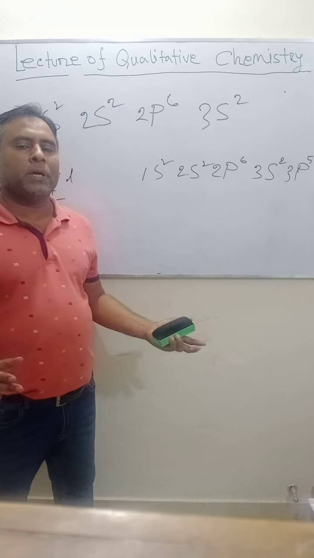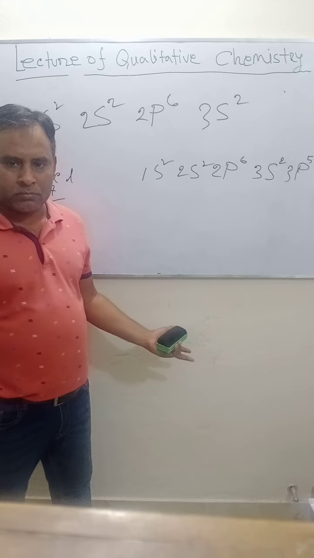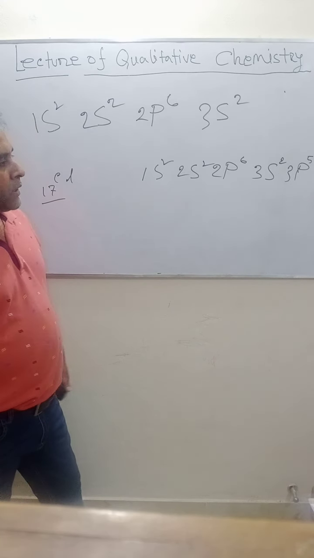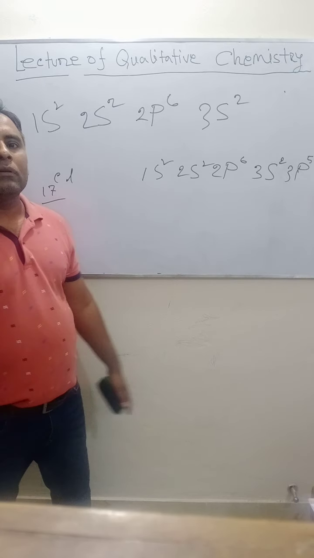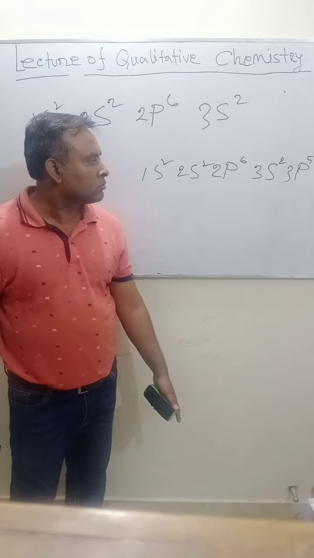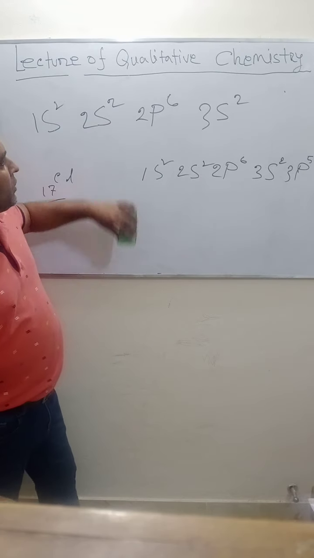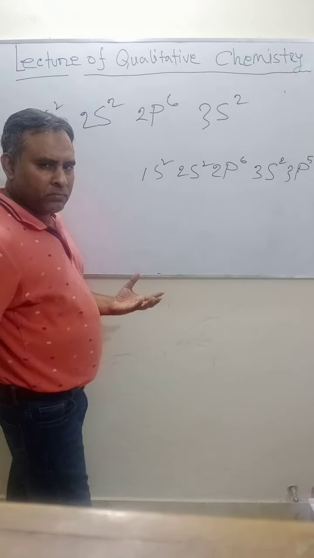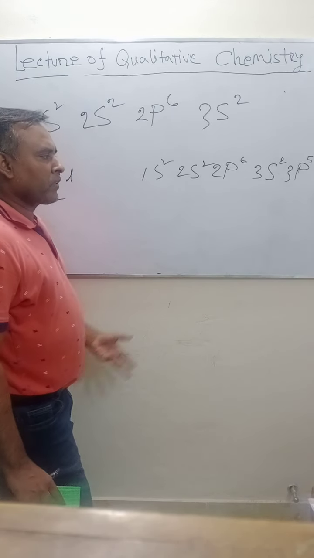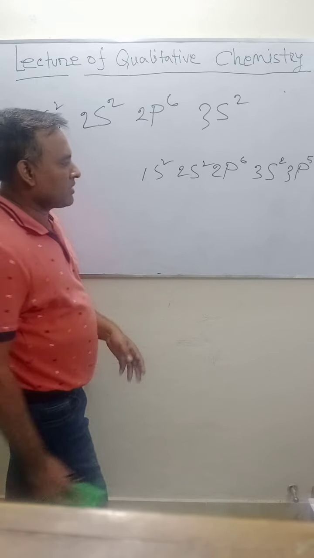For very large atoms like lead, radium, lanthanum, actinium, up to xenon, you need all of it. But in the exam, the electron configuration generally given is smaller, not higher.